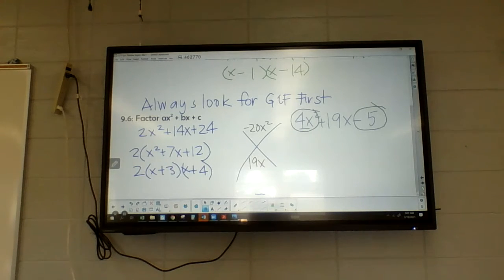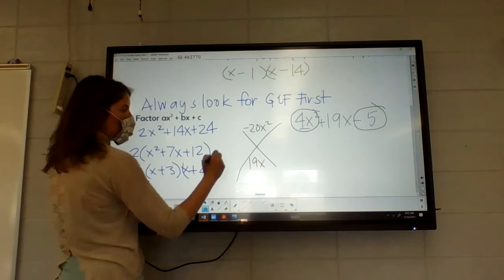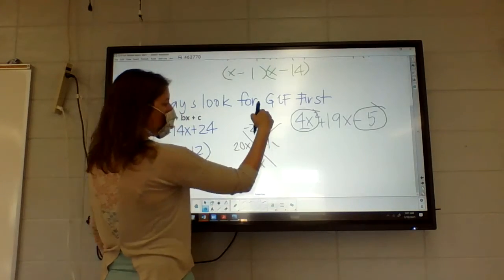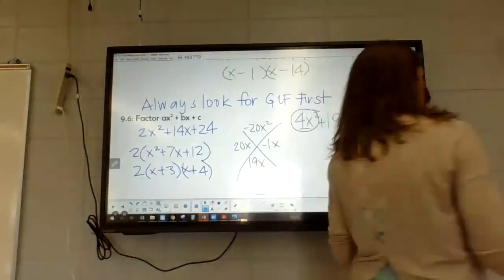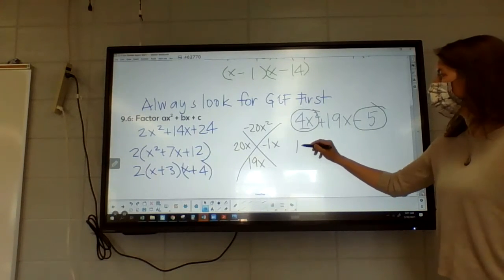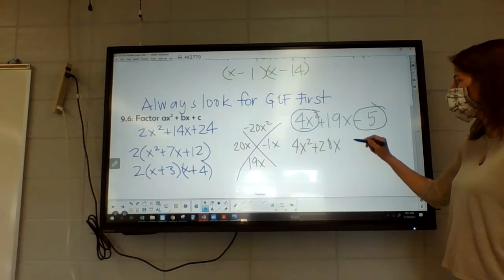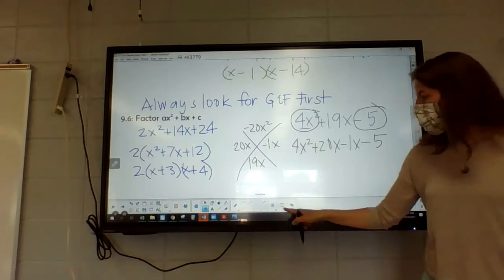You guys think of it? 19. How about 20 and minus 1? Right? So remember, we want to multiply to get the top one, add to get the bottom. So 20x minus 1x. And now we have to do grouping.